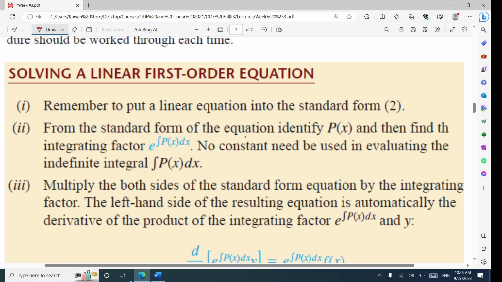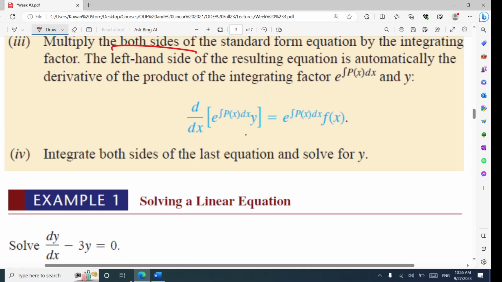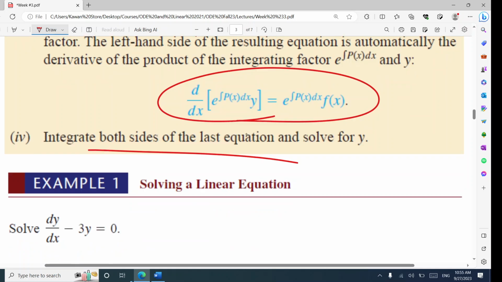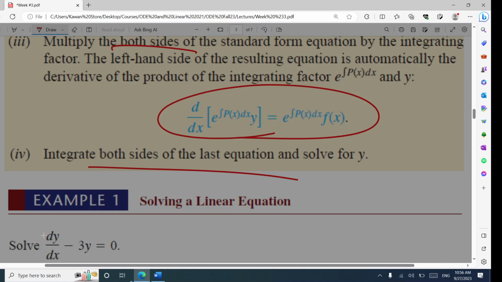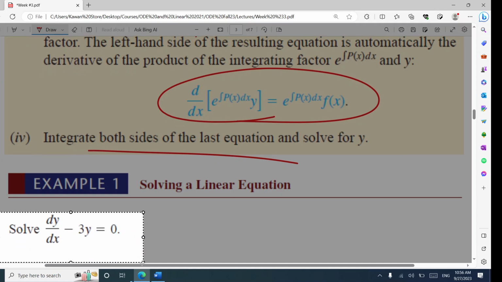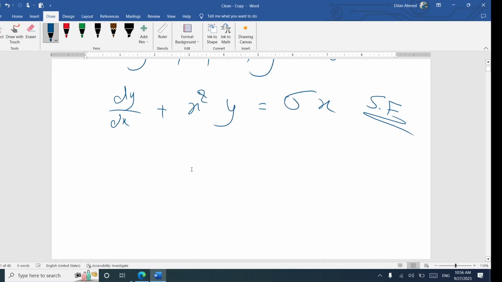Here's the procedure: make the standard form, find the integrating factor, multiply both sides by it, then collect your terms, then integrate. I'm going to apply these four steps on this example together. Please be with me and pay attention for the first; the others will be the same.